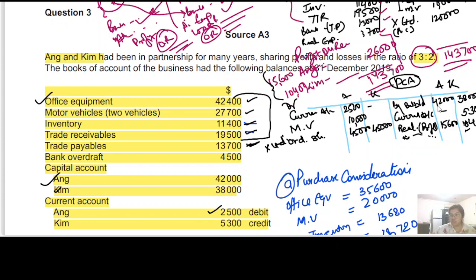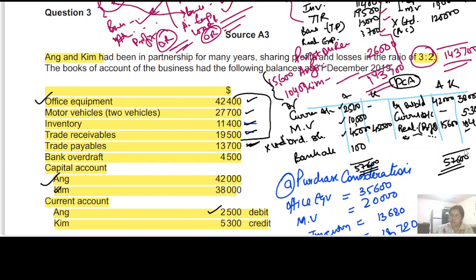Okay, so 42,000 plus 15,600 is 57,600. From 57,600 you have to deduct 2,500, 10,000 and 45,000. Then you have 100, so just record 100 on this side. Bank account 100. Now 45,000, and here it is 10,400, 5,300, 38,000.